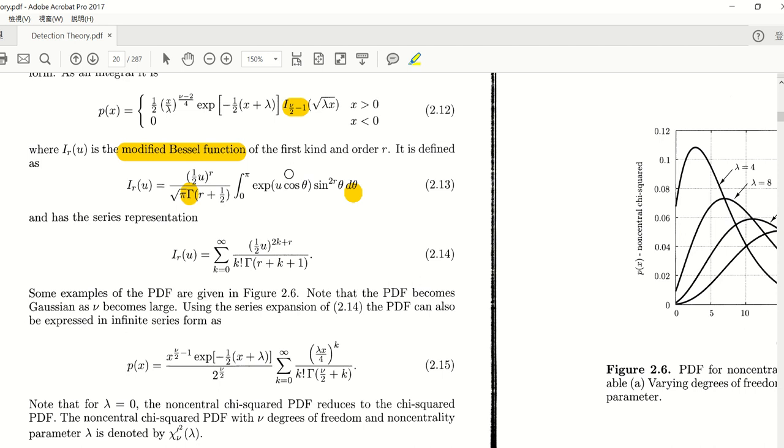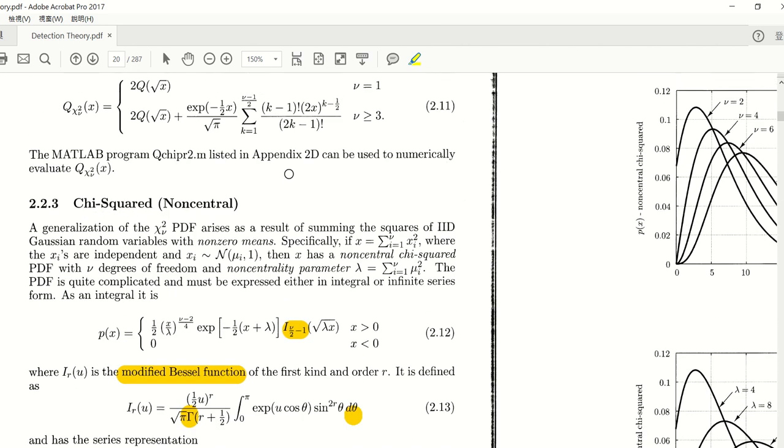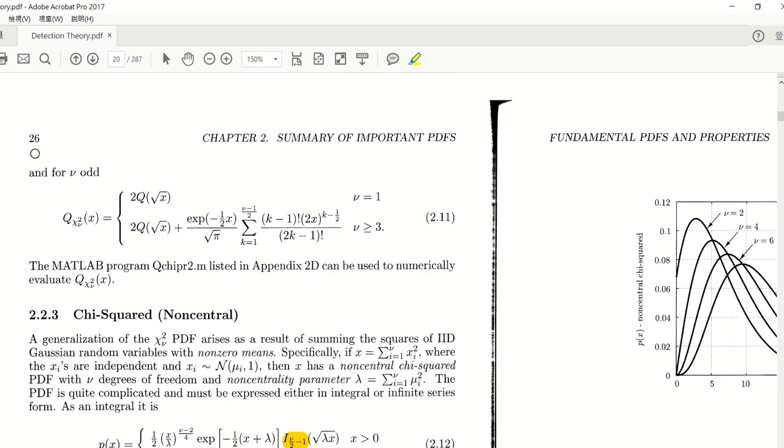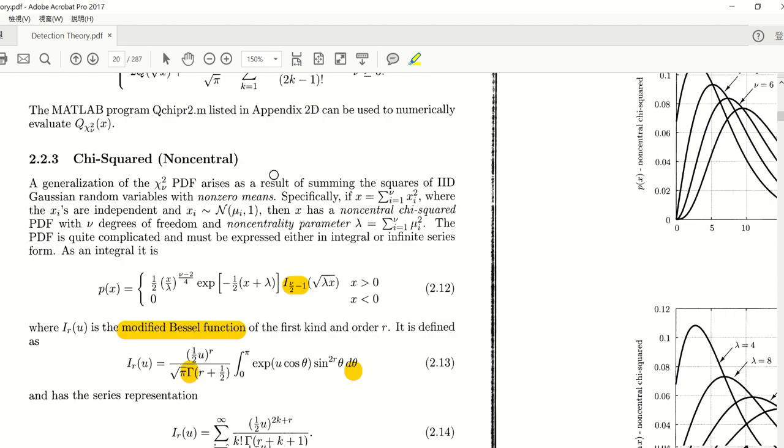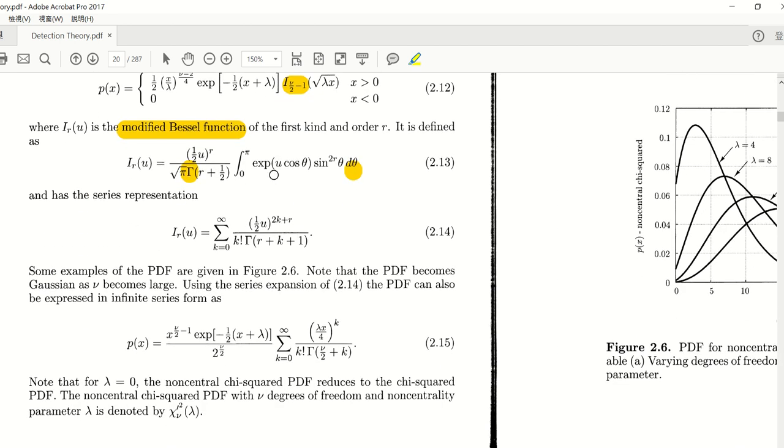Okay, and then let's come back to this PDF textbook again. Just to recall, we are at page 26. And note that for lambda equal to 0, the non-central chi-square PDF reduces to the chi-square PDF.